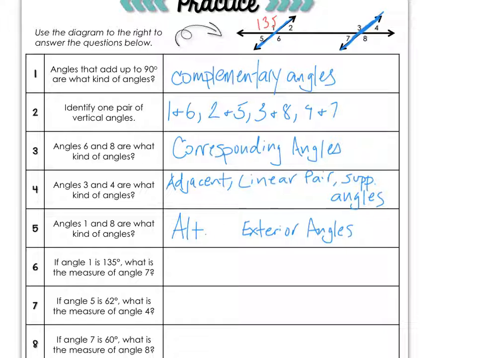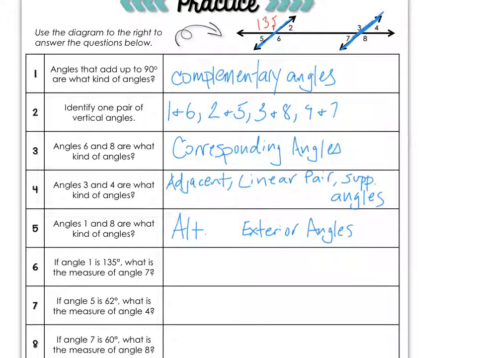I need to figure out an angle that might be an alternate interior to number 7, or a corresponding angle to number 7, because those are all the special relationships that give me equal angle measures. So I think angles 5 and 7 are corresponding. And because my lines are parallel, I know 5 and 7 will have the same angle measure.